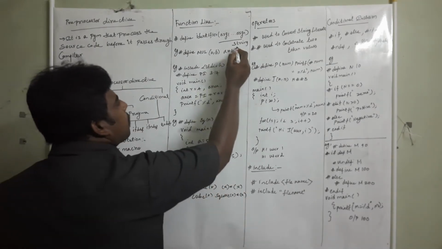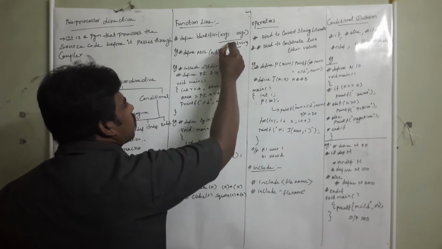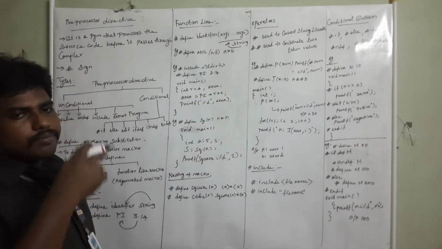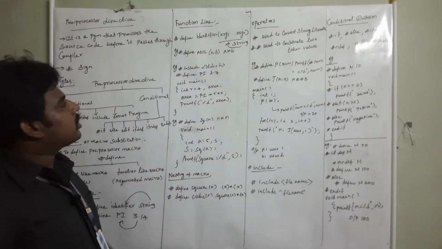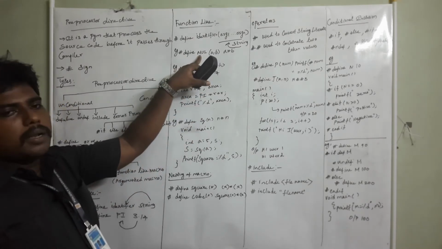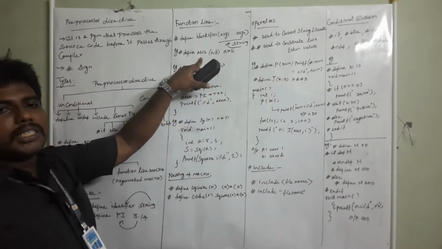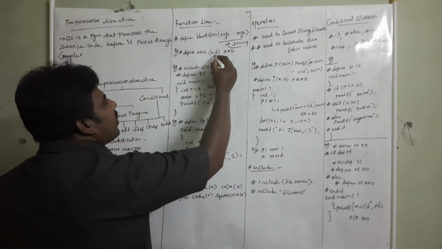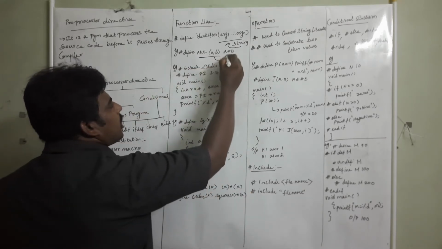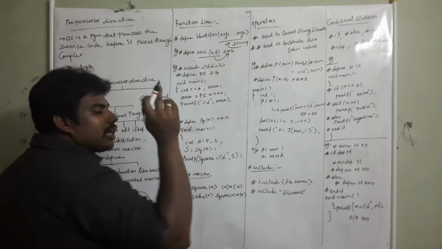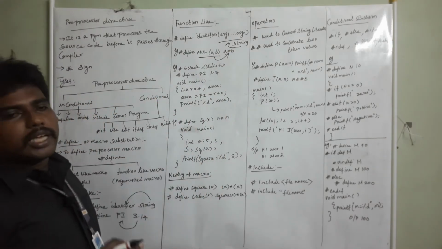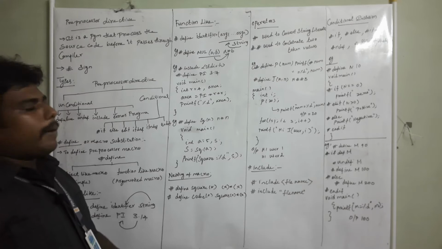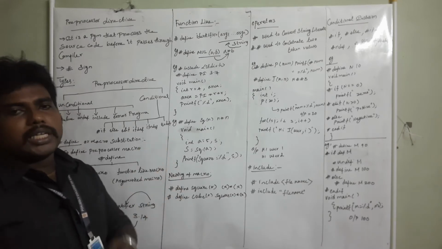Then the particular alternative string will be substituted. See here, define mul is the identifier, with a comma b. Wherever you place mul a comma b, it will be considered as a into b, multiplication. Once you see the example, you will get a clear idea.